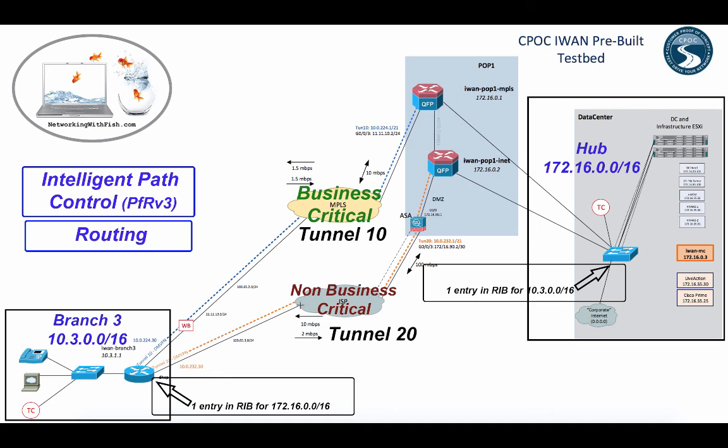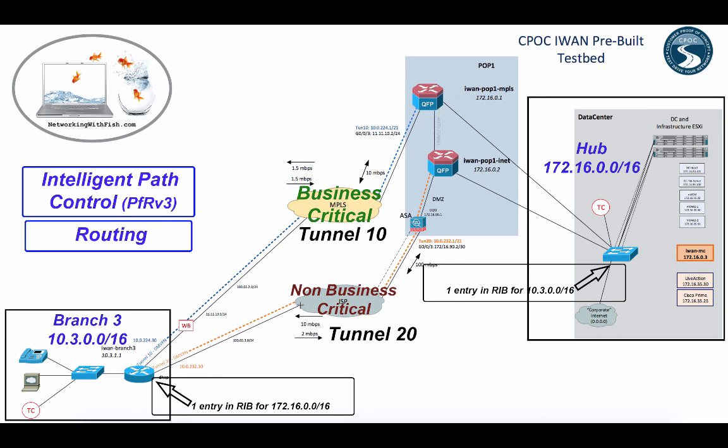OSPF, we cannot look at the OSPF database. Are we going to? If I was writing the code, I wouldn't. Why? Because it does actually get back to EIGRP and BGP scaling better. They are better solutions for larger hub and spoke type environments. And Intelligent Path Control can go up to 2,000 branch locations.